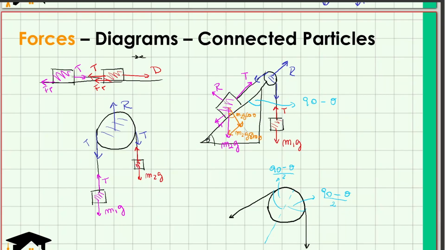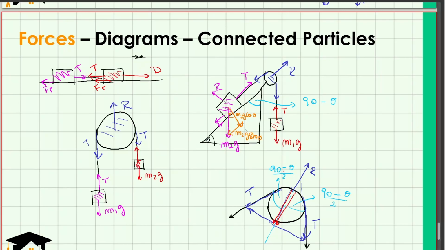So we said that the wheel had the reaction. We have the two tensions, T and T. And so when we decompose these two tensions now onto this plane, then these two forces will cancel out, and we have 2 times this force here.